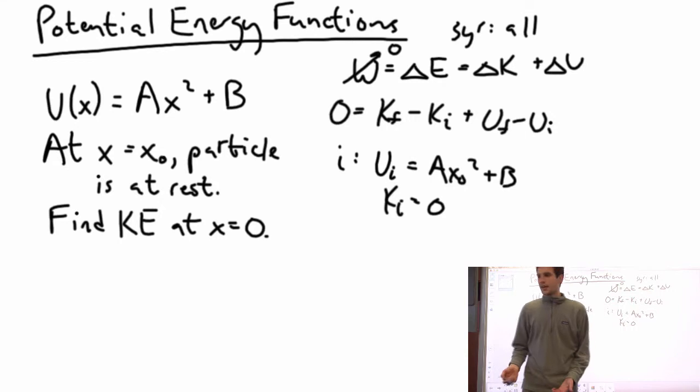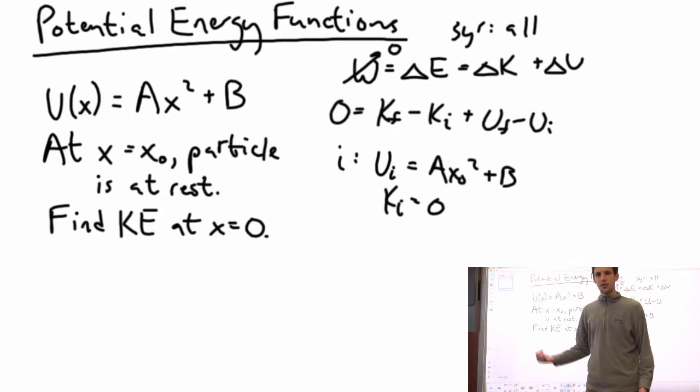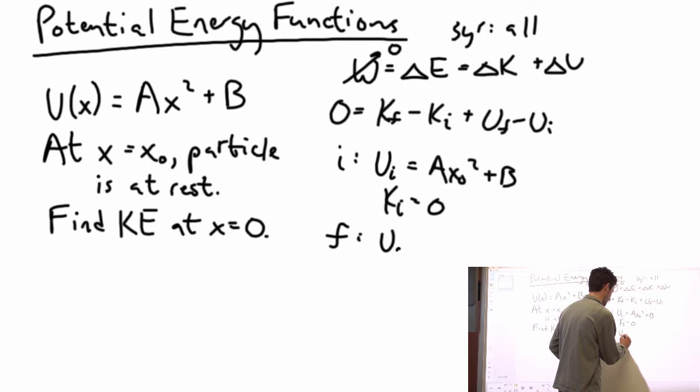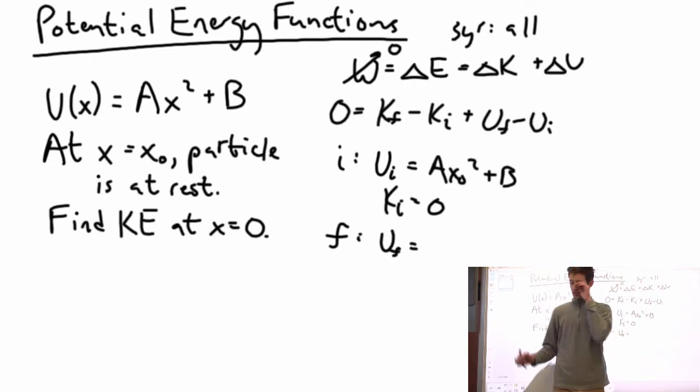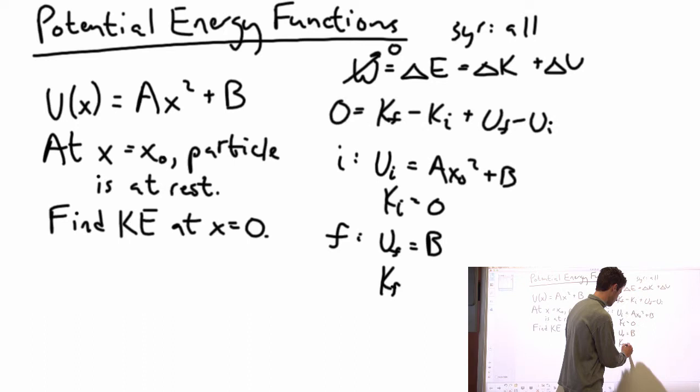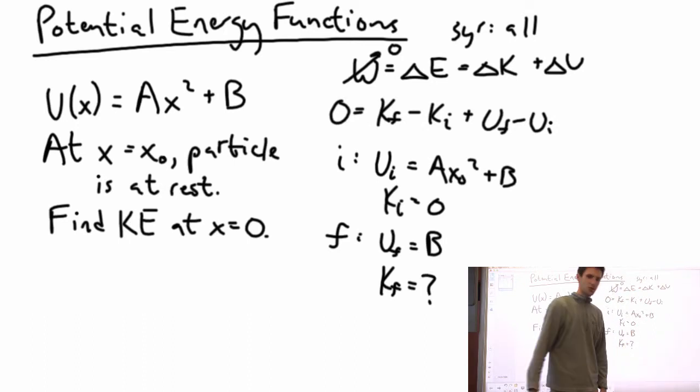So I'm going to choose the position I'm asked about, x equals 0. So U final is 0 plugged into here, which will give me b. And then K final is what I'm looking for, so I'm going to leave that as a question mark.